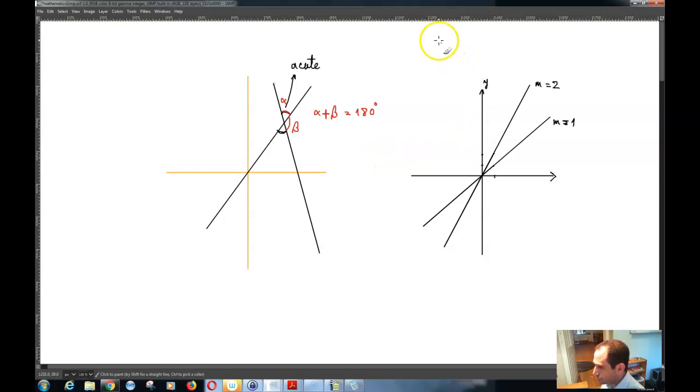So the tangent of the angle between them is equal to 1/3. So you want to find the slopes of the lines, and of course these are just hypothetical values that I put over here.